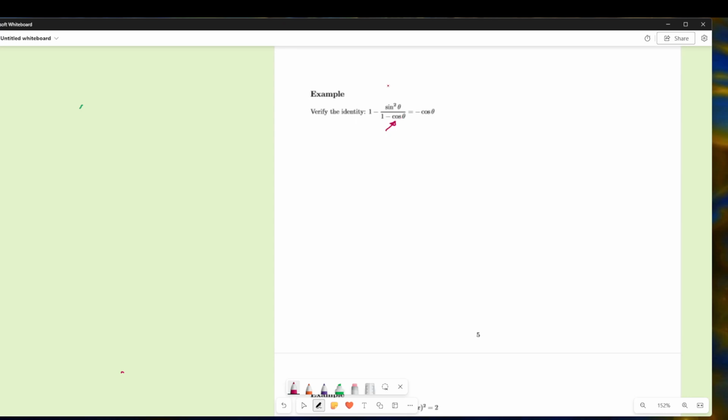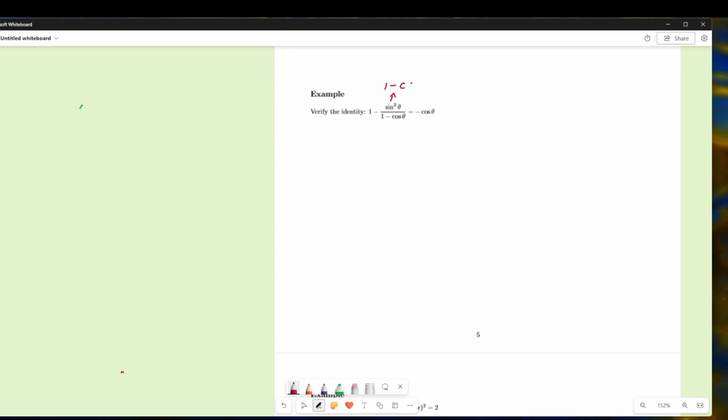So multiplying the top and bottom by the conjugate, by 1 plus cosine theta, and seeing what happens there might be helpful. But that's going to make that numerator kind of complicated. So that might be helpful, but not feeling it.